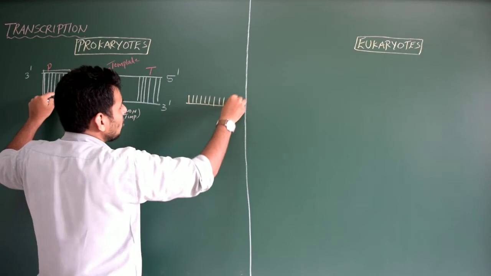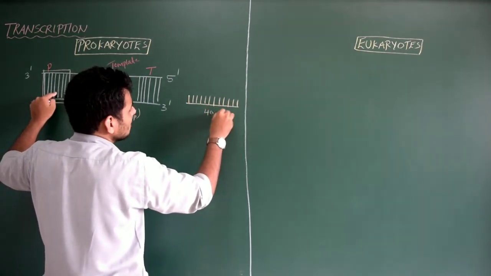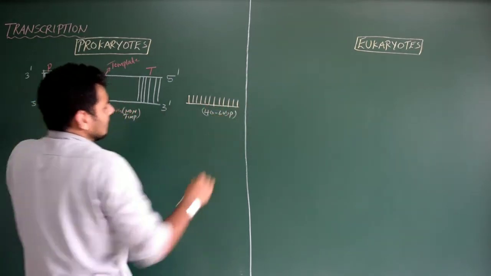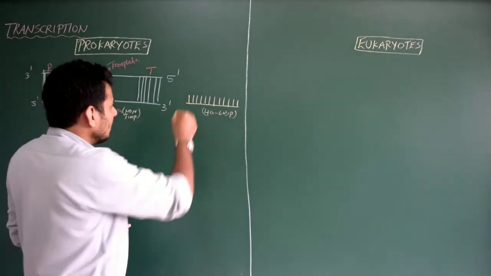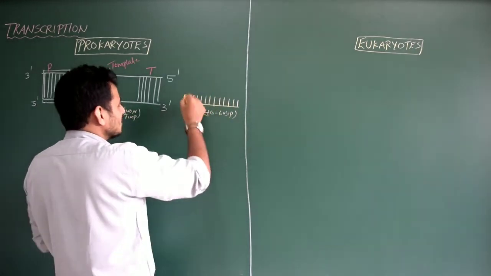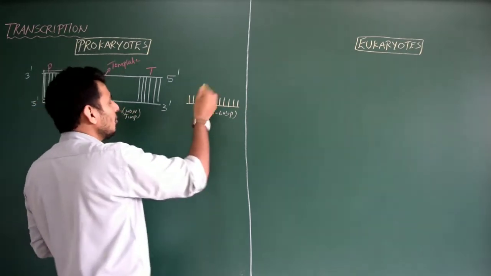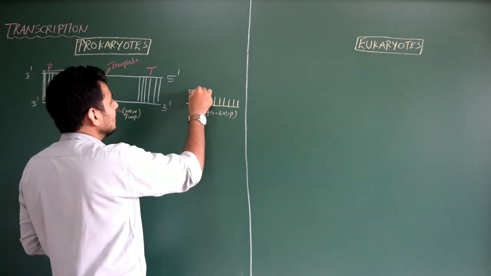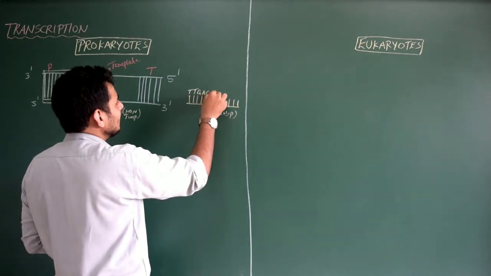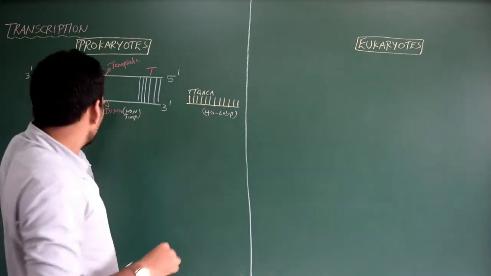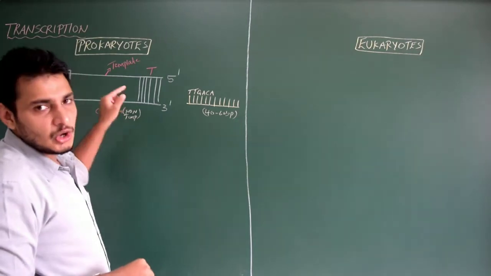These are normally about 40 to 60 base pair sequences within the promoter. Let me just name some sequences. I cannot write till 60 base pairs. Some important base pairs are T, T, G, A, C, A, present within the coding strand or non-template strand.